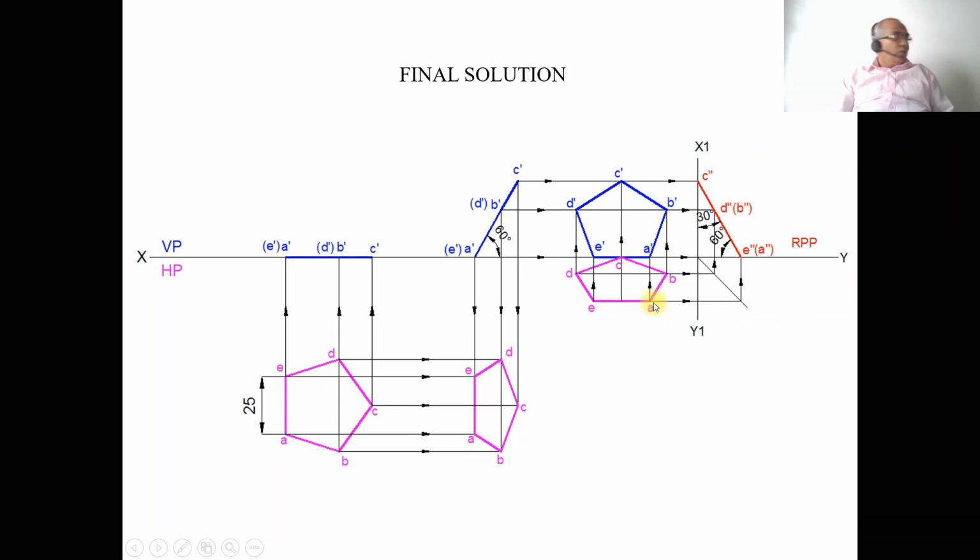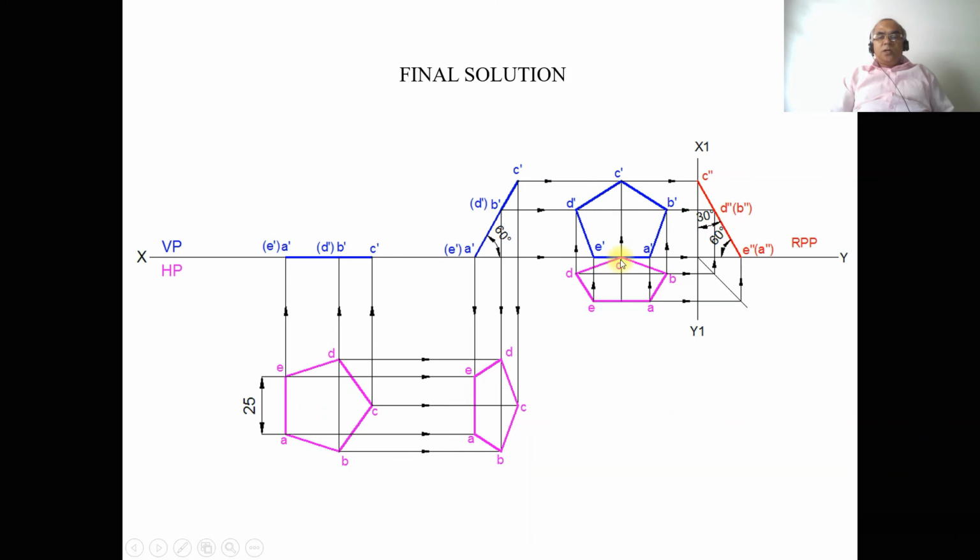Then join A to B, B to C, C to D, D to E, E to A with a dot line. Now you draw a vertical projector from A to the XY line, and also from E to the XY line, and you mark these points as A dash and E dash. Draw vertical projectors from B and D, and also draw horizontal projectors from B dash and D dash. These two lines are going to intersect at this point B dash and also at this point D dash.